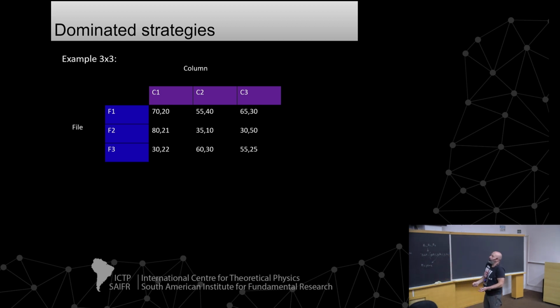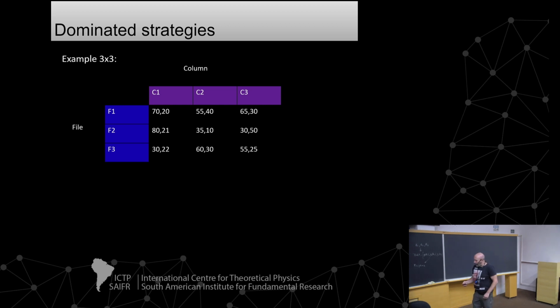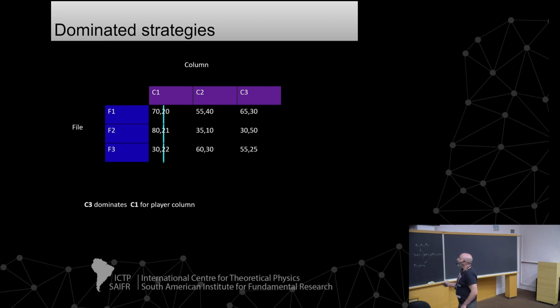Maybe we can do it, or maybe we cannot. Obviously, this example was just built in order to be able to follow a process of elimination of dominated strategies to finally get only one choice. If you look at the strategies, you can see that in this case, the player in the column will never choose the strategy C1. Why?